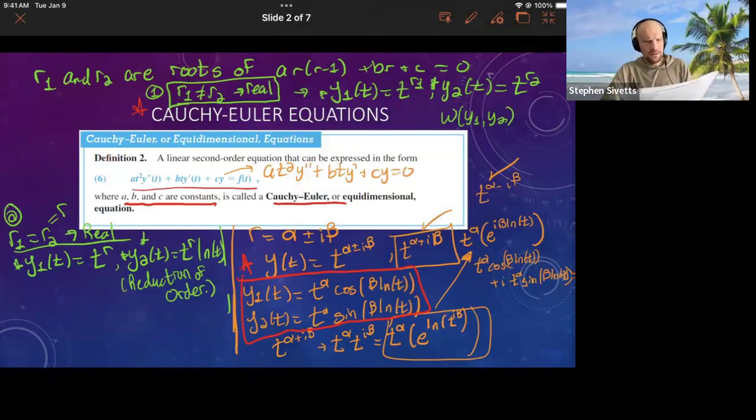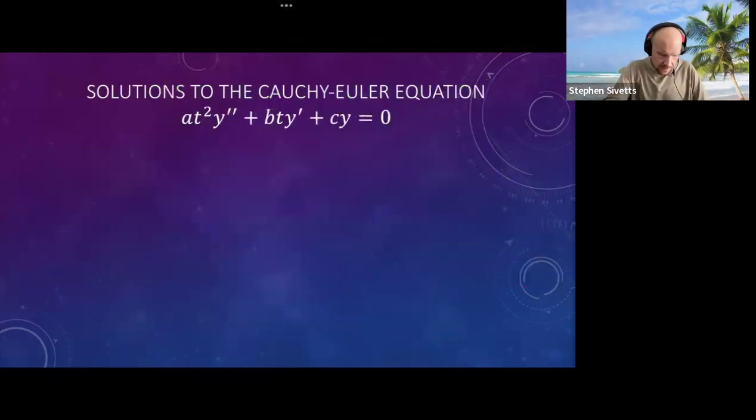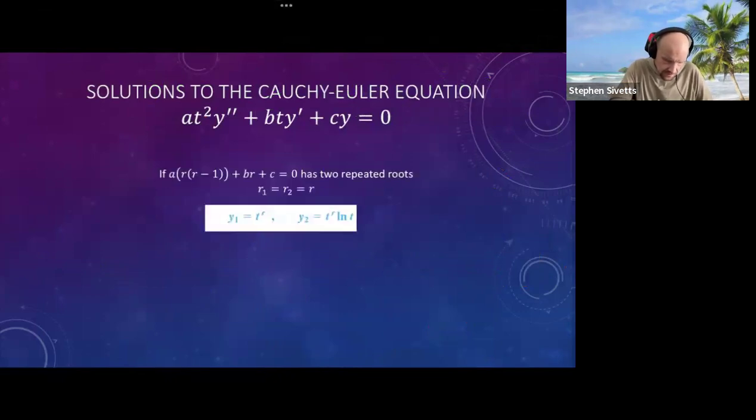So, yeah, so I did that. So an overview. So the solutions: if this equation here has two repeated roots, r1 and r2, if they equal the same number, then these are your two fundamental set of solutions. y1 equals t to the r power. y2 is equal to t to the r times ln of t.